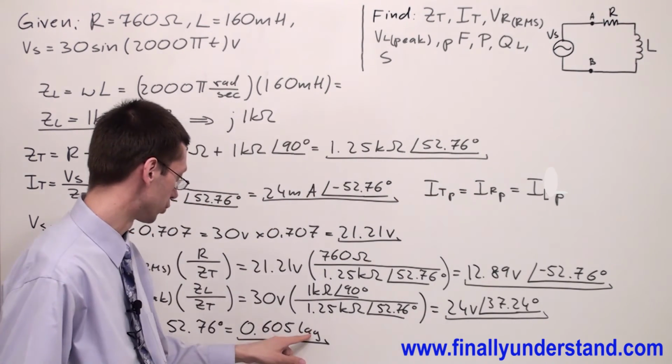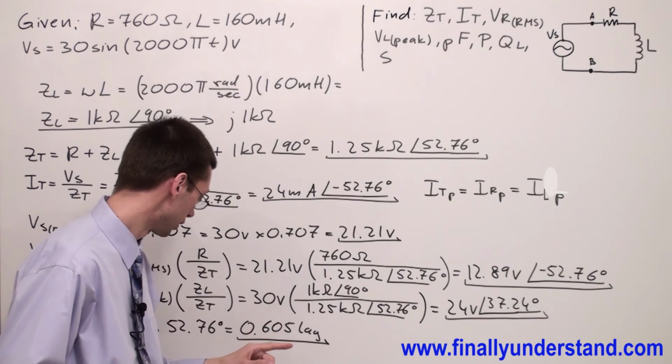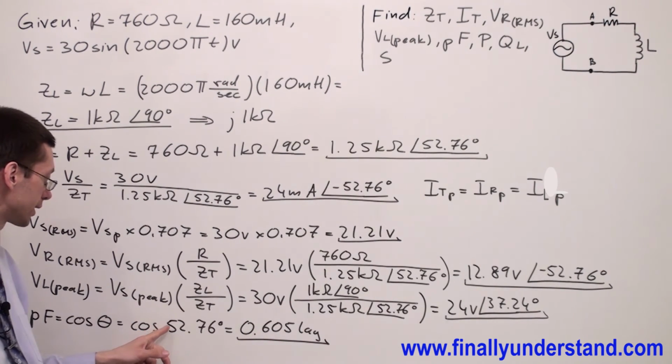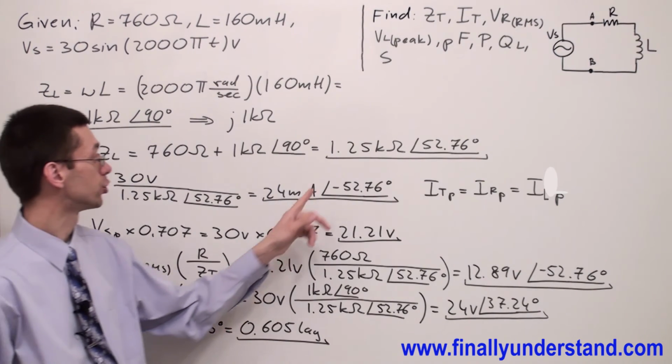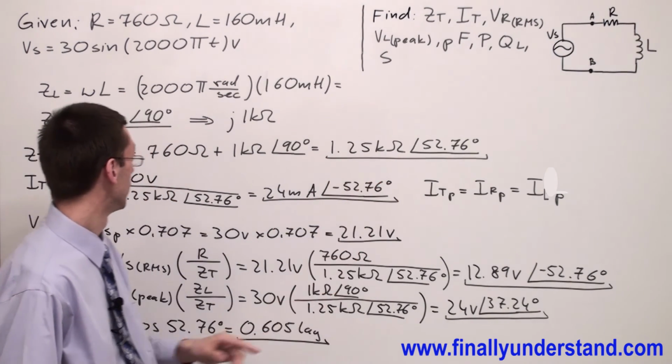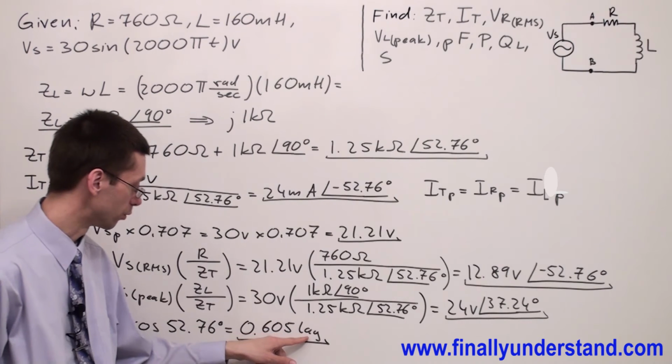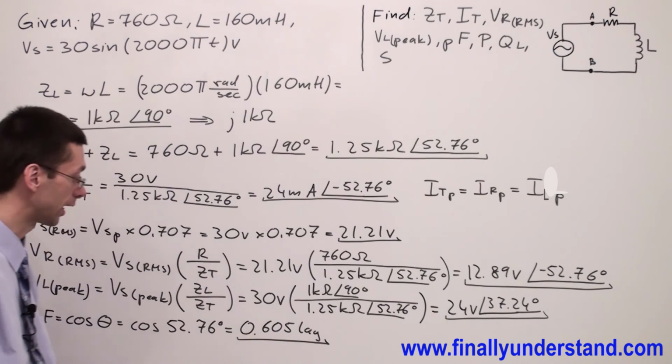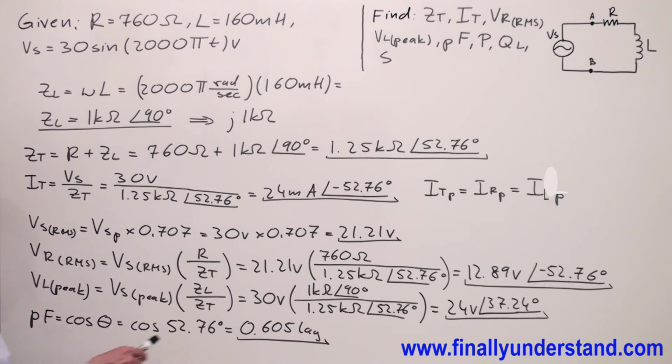That's why we're supposed to write the word lag. In other words, anytime you have a positive angle next to Z total, you're supposed to simply write the word lag, or lagging, or lags. I used to write lag.